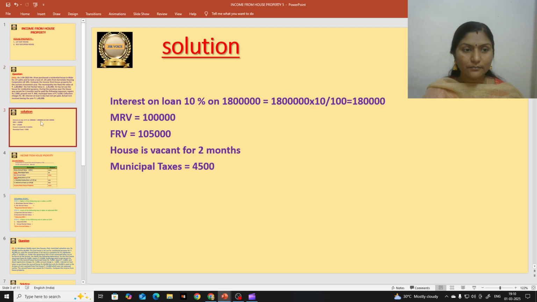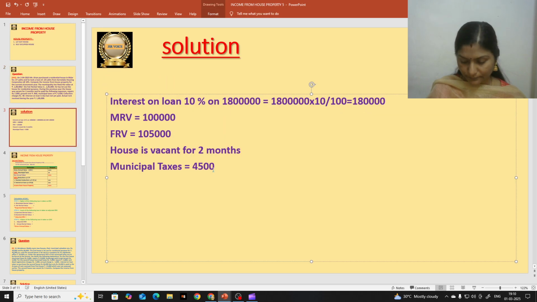Okay, so here let us take ARV for 10 months. ARV for 10 months is how much? It is equal to 1,80,000. But we should calculate it for how many months? We should calculate it for 12 months.